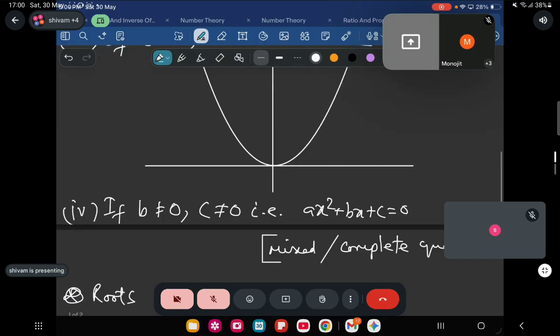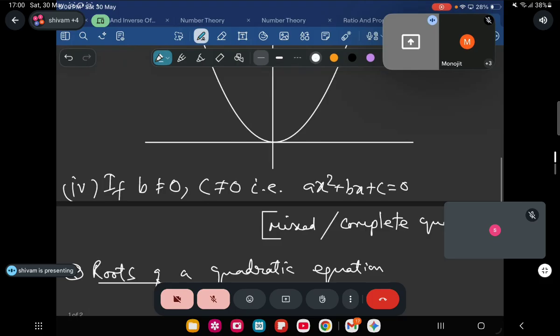Roots of a quadratic equation. So what are the roots of a quadratic equation?